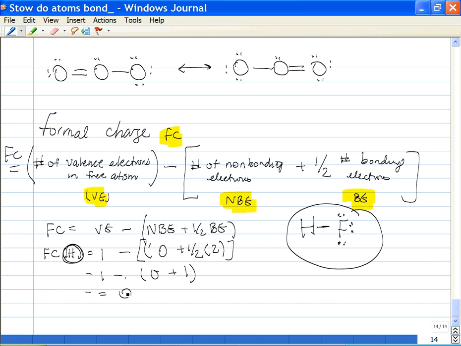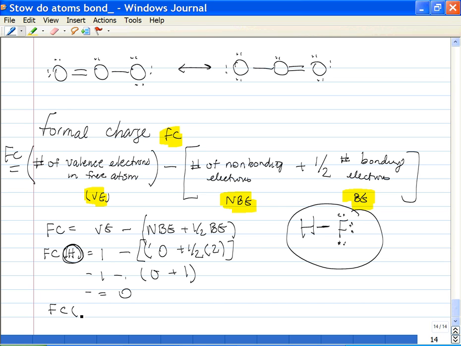So the formal charge on hydrogen is 0. So basically, it doesn't have any more or any less electrons in this bond that are associated with it than it brought into the molecule. Okay, so it has the same number of electrons in the bond that it had when it came into the bond.